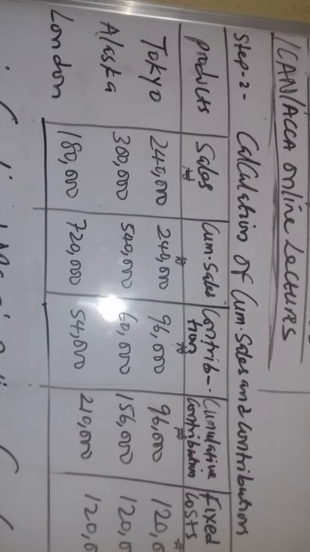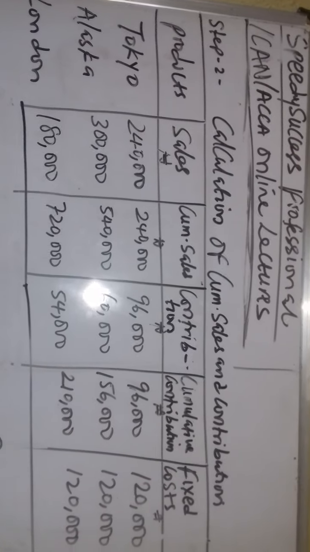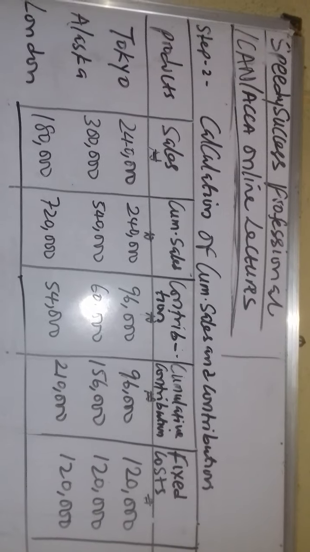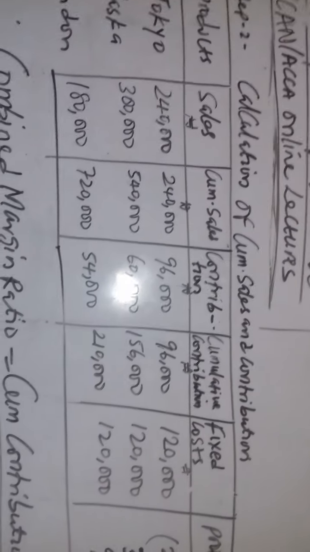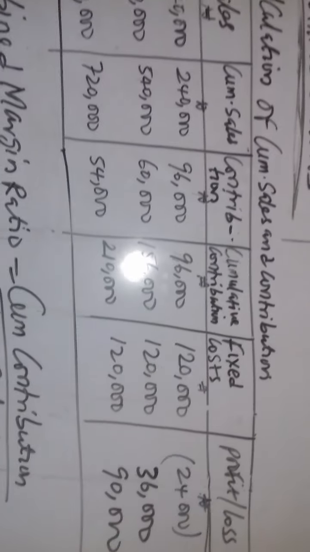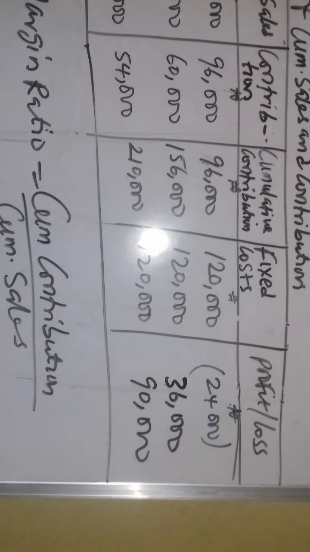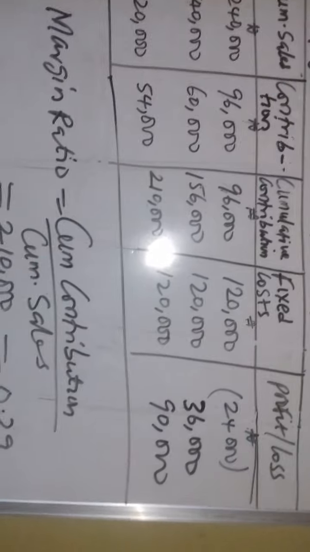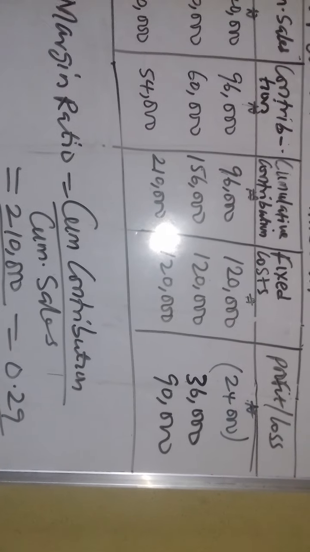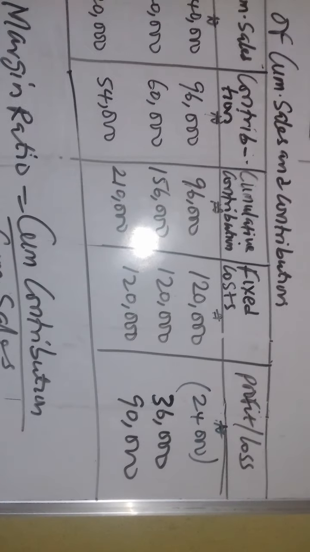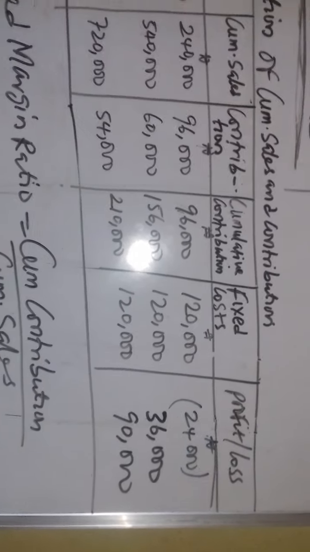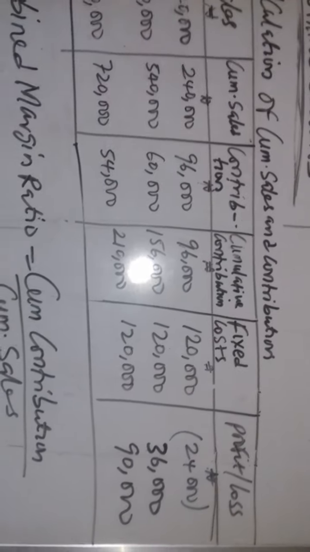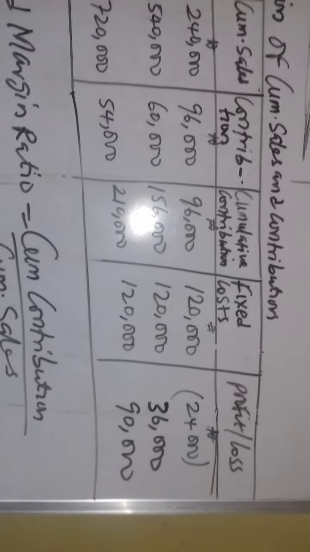Alaska generates 300,000 sales and 540,000 cumulative in all, 60,000 contribution, 156,000 cumulative contribution. Take away the fixed cost, which is constant. The company now made a profit of 36,000 in naira or in dollar or in pounds sterling, whichever is the language you're learning from. All right?